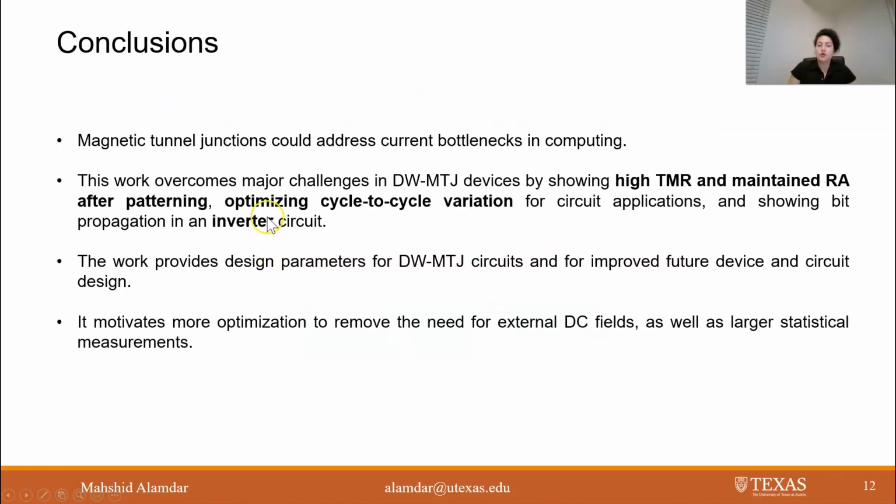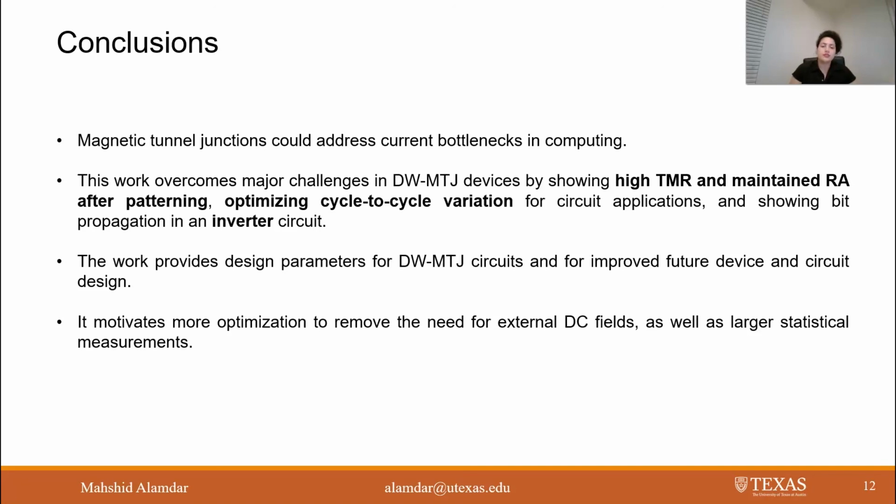So in conclusion, domain wall magnetic tunnel junctions are an emerging class of magnetic random access memory-like devices and could address current bottlenecks in computing. This work overcomes major challenges in domain wall MTJ devices by showing high TMR and maintained resistance-area product after patterning, characterizing the variation in switching behavior and that it can be low enough cycle-to-cycle variation for circuit applications, and also showing bit propagation in an inverter circuit.